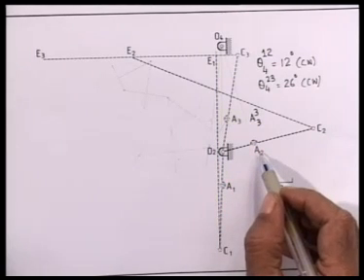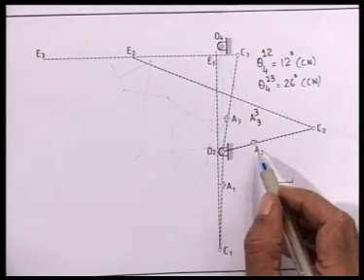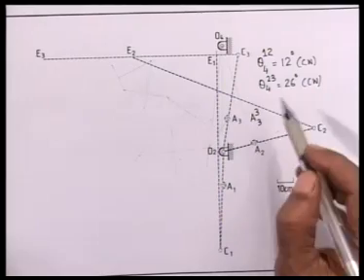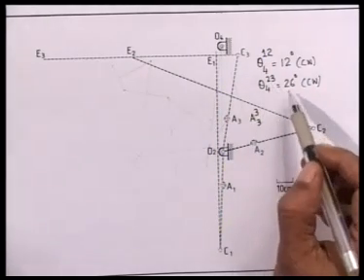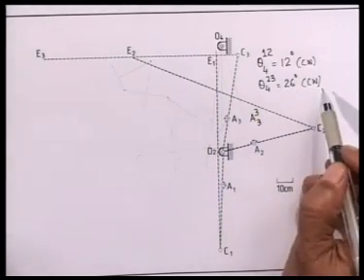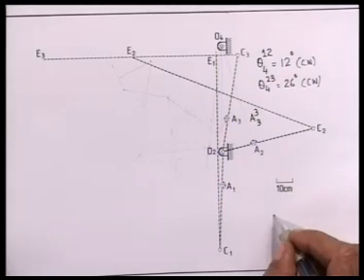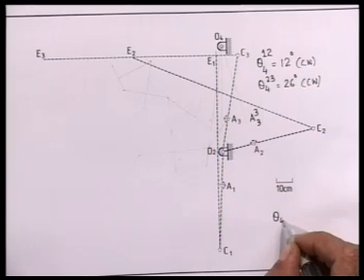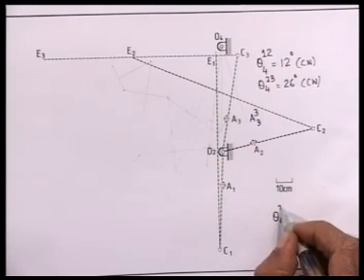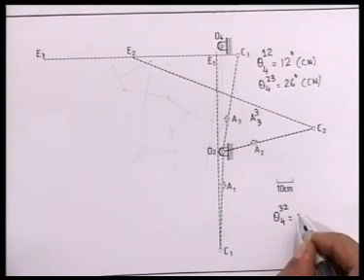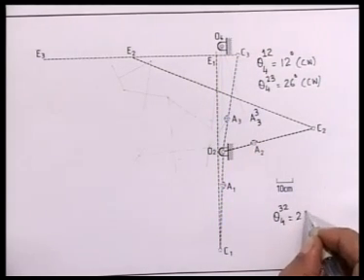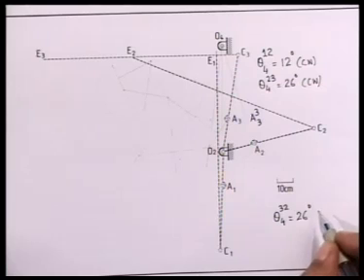This is A2. We have to determine where A23 is. It is known that theta 4 2 3 is 26 degree clockwise, which means theta 4 3 2 is 26 degree counterclockwise.